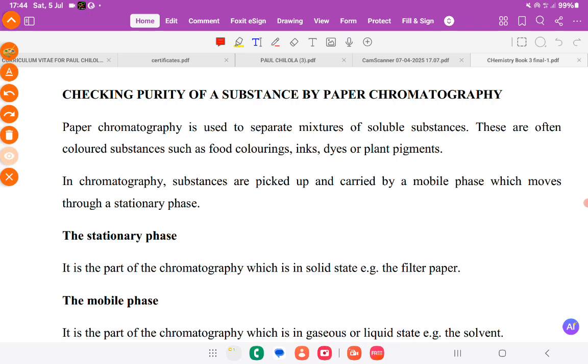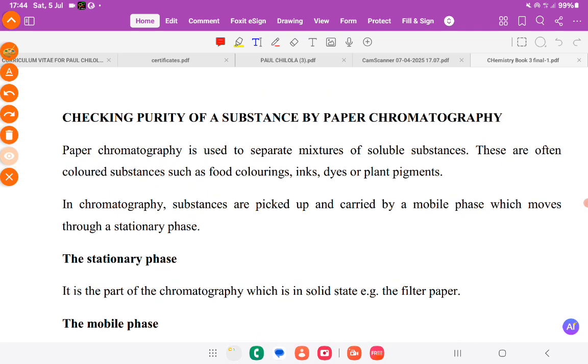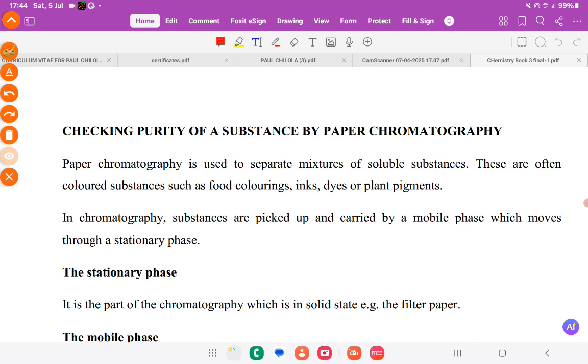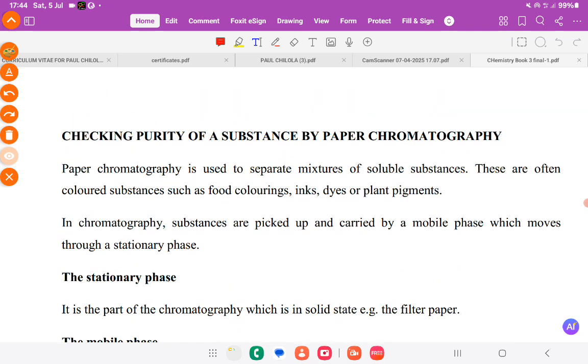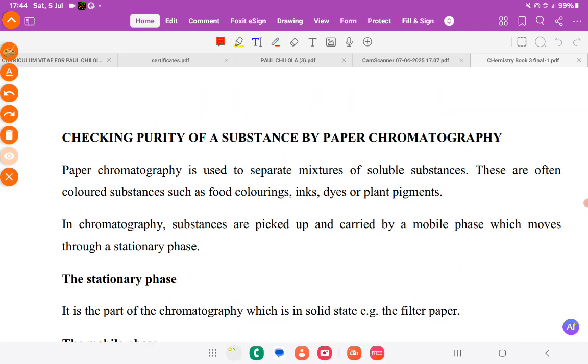We've also looked at how you can determine the purity of a substance by melting point and boiling point. If you missed these two videos, please just search in this platform these two videos on experimental techniques.